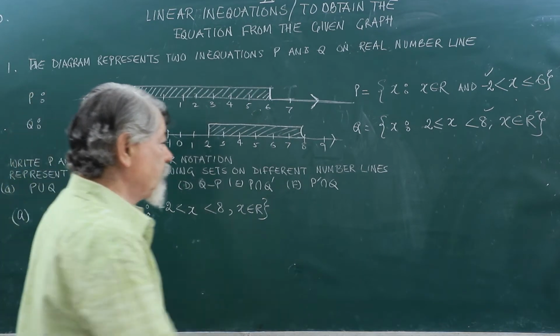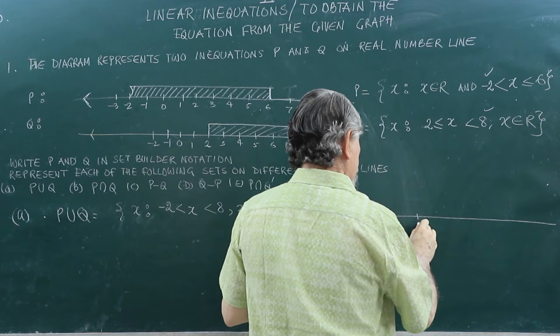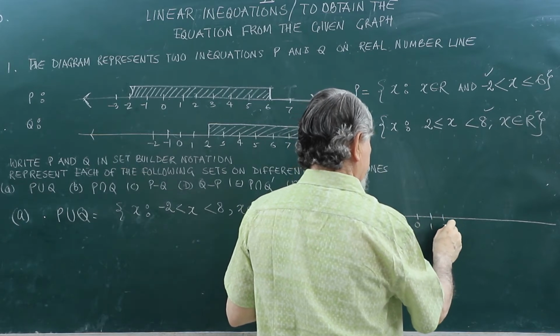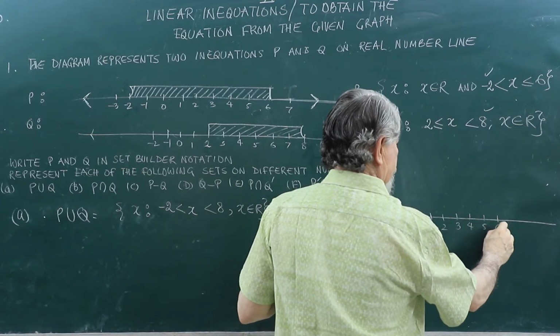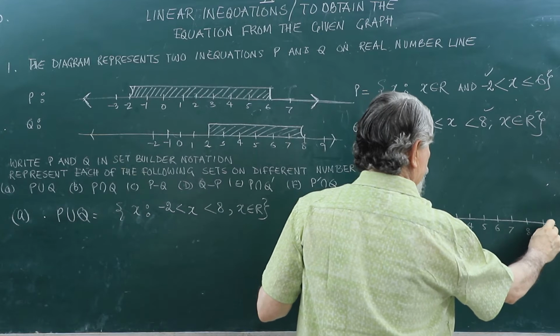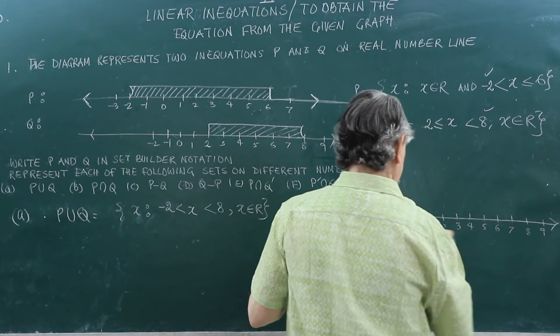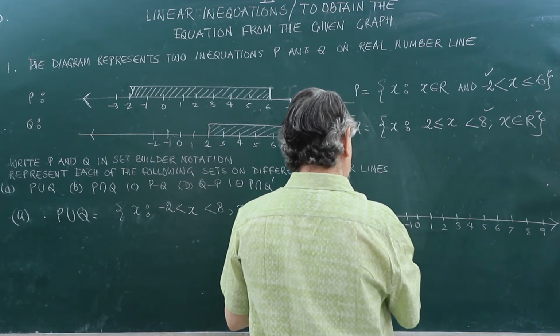How do I represent it on the number line? I have to represent this on the number line. 0, 1, 2, 3, 4, 5, 6, 7, 8. Because we are going till 8, so let's go to 9. Draw here -1, -2, -3, -4.